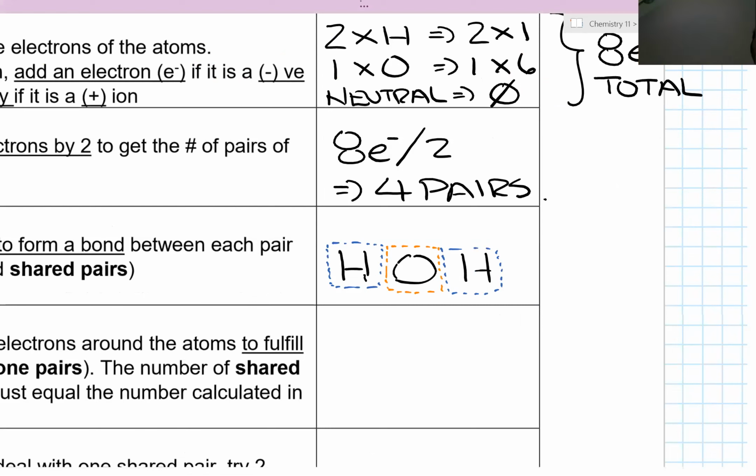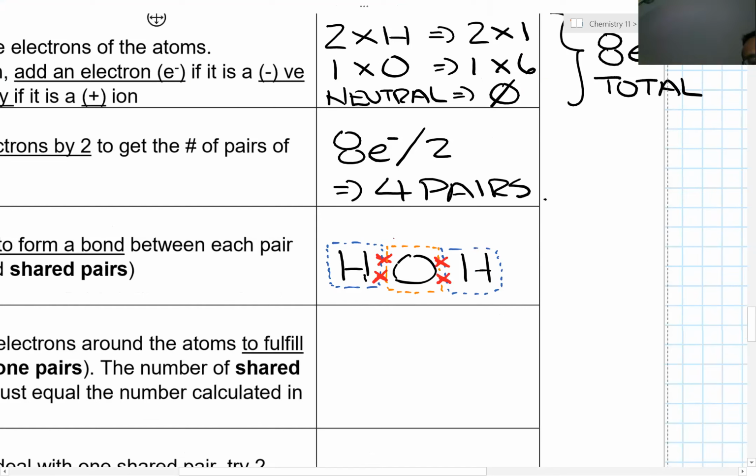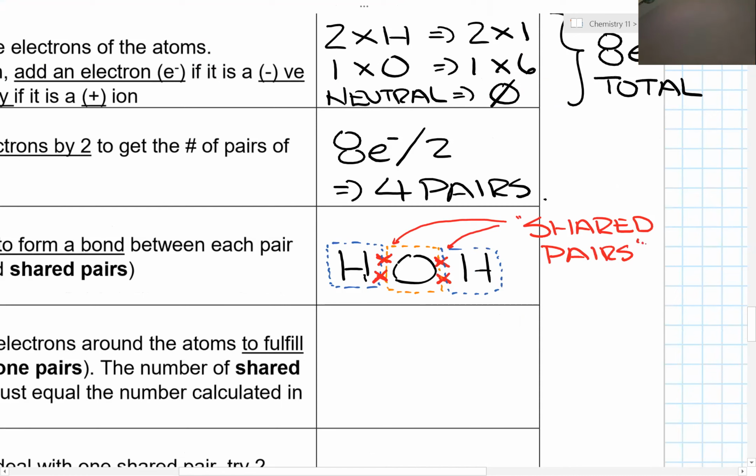So I'm going to put those in red, okay? And I'm going to use X's, okay? So that is 2 pairs. So these ones, the ones that I used in red in between the 2 boxes, these are what we call the shared pairs. These are what forms the bond in between hydrogen and oxygen. And these are the ones that are subjected to that tug of war.